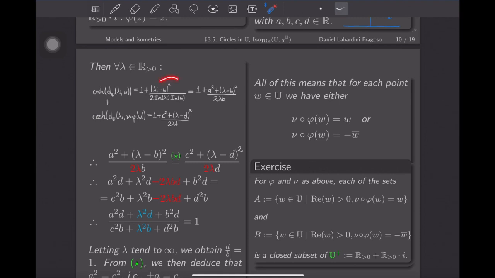You see, because these computations were done completely in terms of w and its image. If I change this w, how do I know? It's not going to be the same computation. It's going to be another computation.